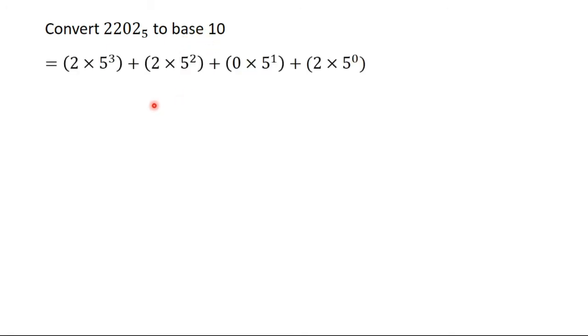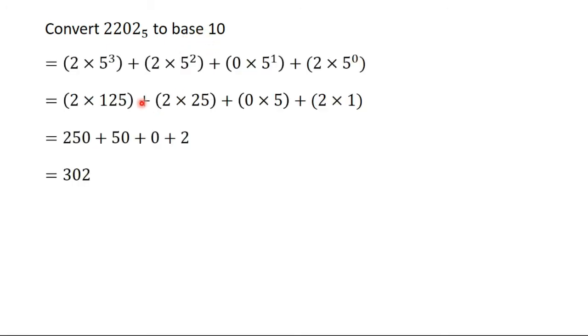Next, you convert 2202 base 5 to base 10. If you do that, we have already done that, and we got 302. So we can say that if you convert 2202 base 5 to base 10, we are getting 302.